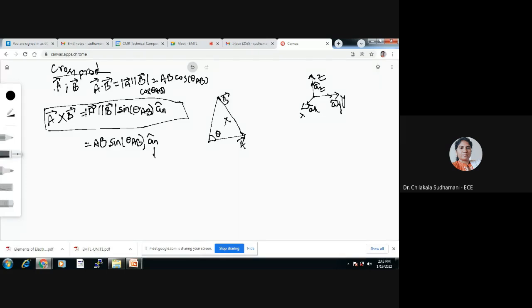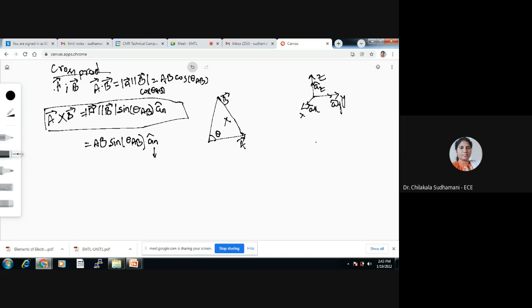AN is the perpendicular plane or axis of the vectors A and B. Unit vector normal to both the planes A and B.